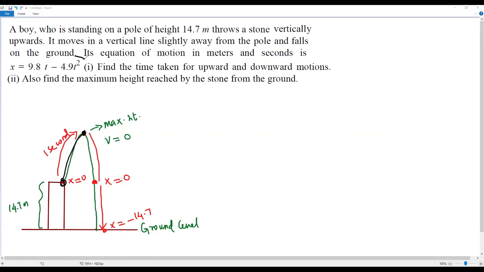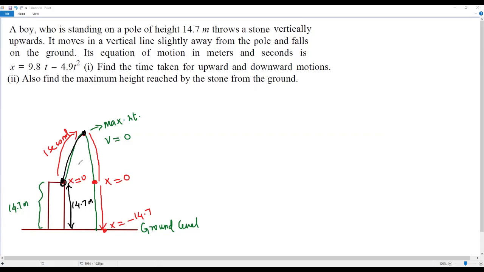So if I plug in t equal to 1 into the equation of motion, I'll get this distance, that is from the top of the pole to the maximum height. But according to question 2, we have to find the maximum height reached by the stone from the ground. So to find it, we have to add the height of the pole, 14.7 meters, to the distance from the pole to the maximum height.